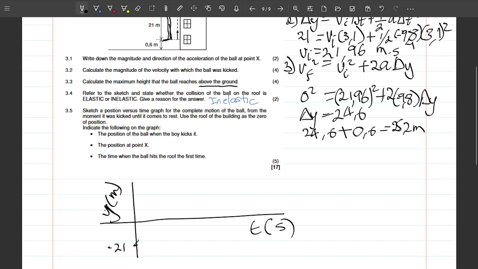Then it's kicked and it covers about 3.6 meters. And after the 3.6 meters it then comes back down, then it bounces again while it's at the roof of the building, and done.